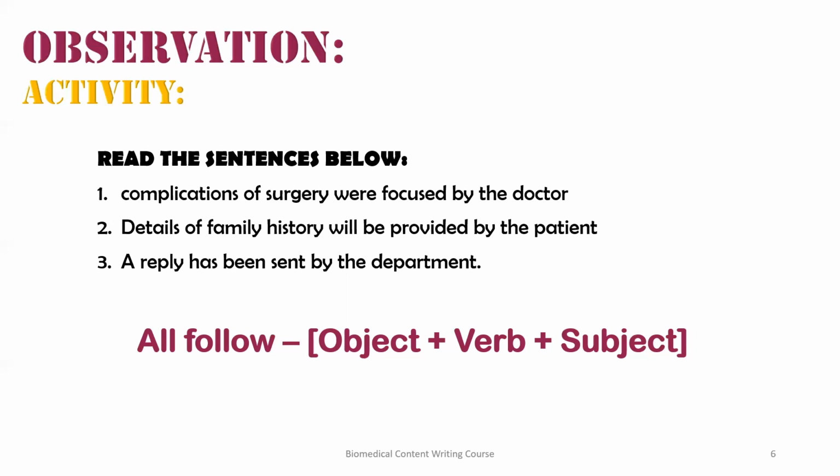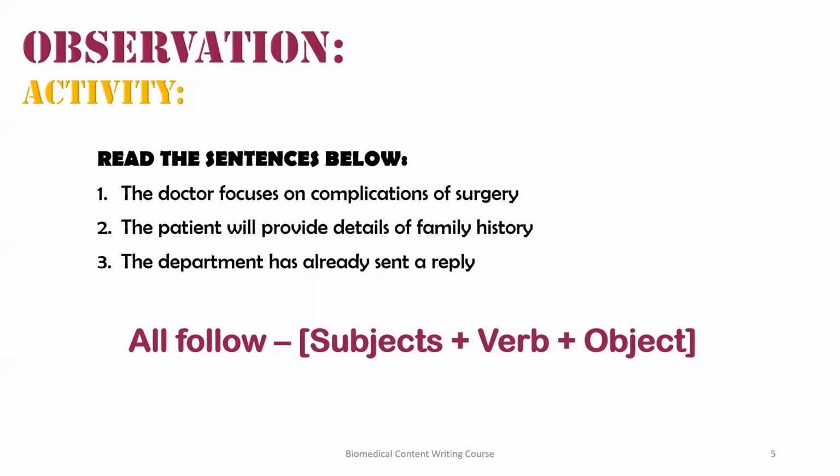So this form of conversion has actually changed the voice of your sentences. The earlier was when your subject was the first part of your sentence. This kind of voice is known as active voice, because you are upfront telling who is doing what and on whom.